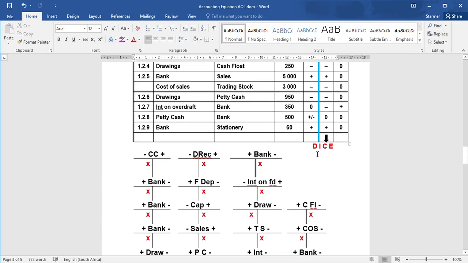So come to your table. Drawings has got the X on the debit side and takes down owner's equity. When the owner takes back money for himself, the worth of the business goes down. Cash float is an asset going down, so it's minus under A. Minus that side, it's equal.